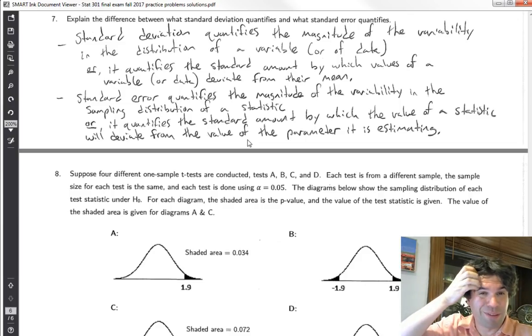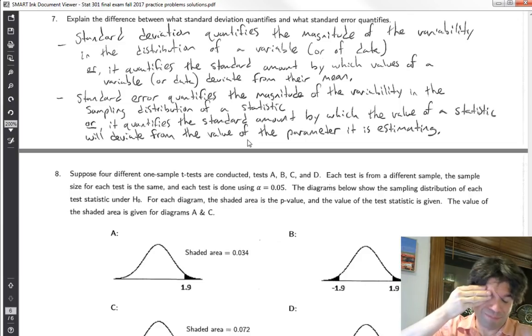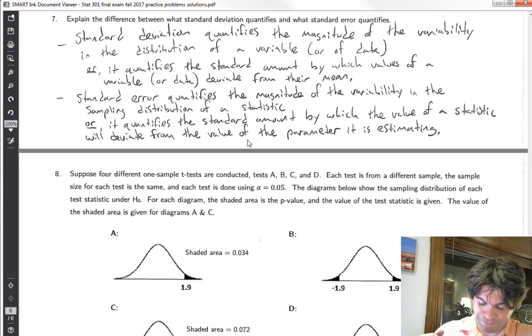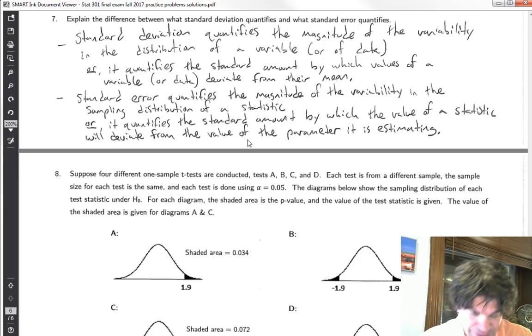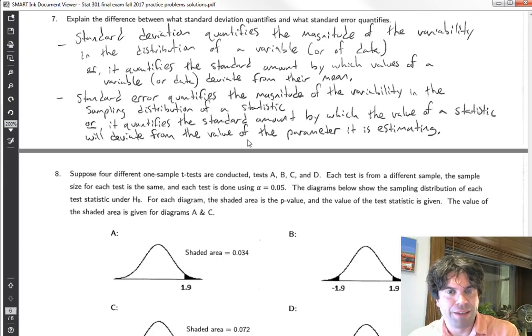If I pull a sample and I take the average of that sample, the average of that sample is not going to be the same as the population average. Probably. I'd have to be extraordinarily lucky to get a sample mean that is exactly the same value as the population mean. There's error when I use the statistic as an estimate of the population value.